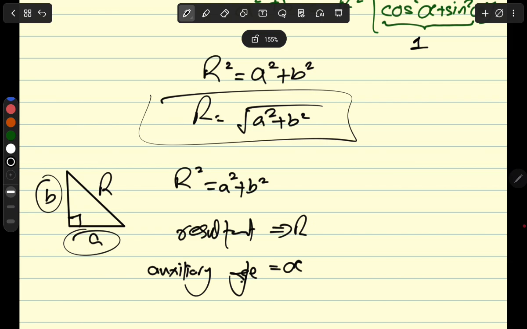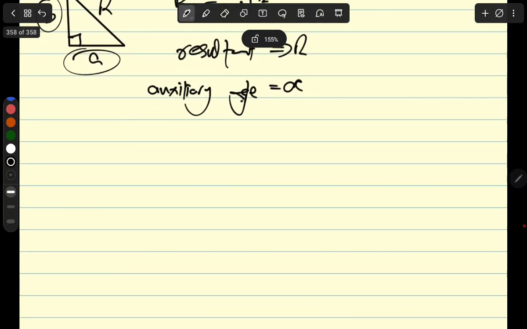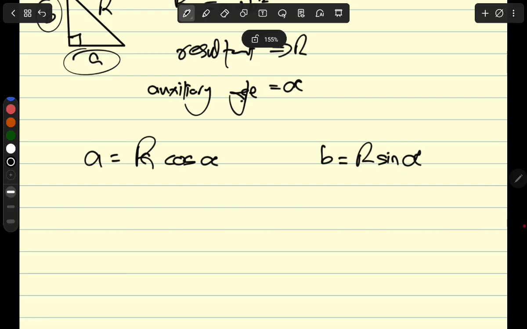Now we do have r, but you do realize that there was another angle alpha here. How do we find alpha? We know that a was equal to r cos alpha and b was equal to r sin alpha. Now I need to get rid of this r. How do I do that? If I divide sine by cos, I am going to get tan.